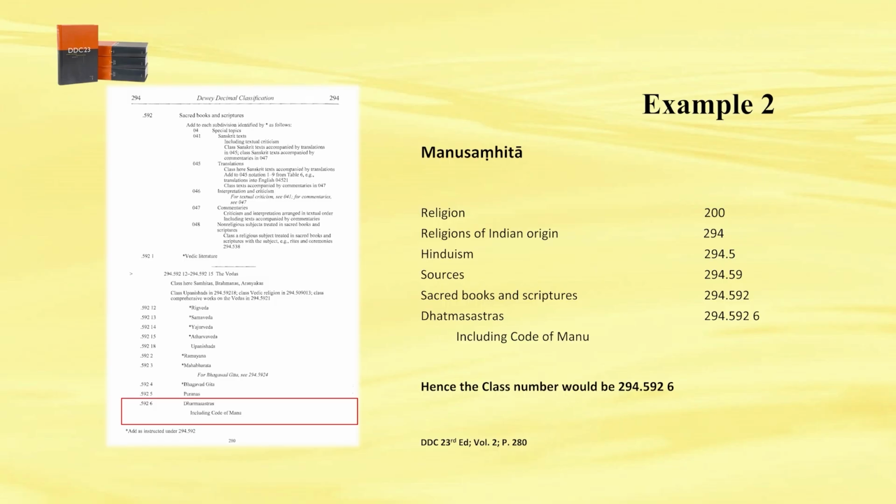So the instruction clearly tells us that the Manu Samhita, or in English translation the Code of Manu, will come under Dharma Shastra. The number is 294.5926. You can find it on page number 280 of volume 2. So this is also a direct number, a simpler one.